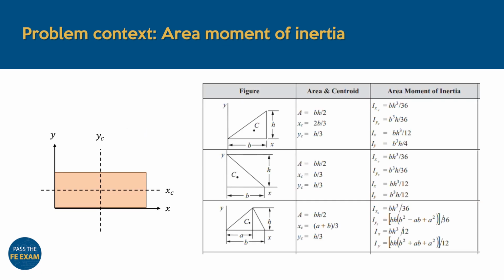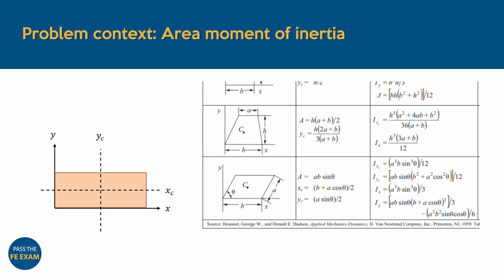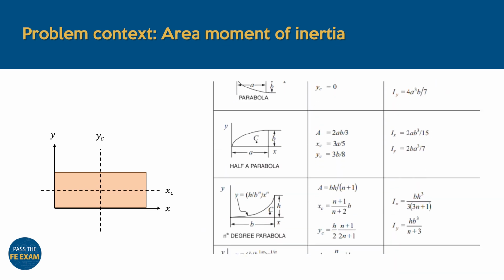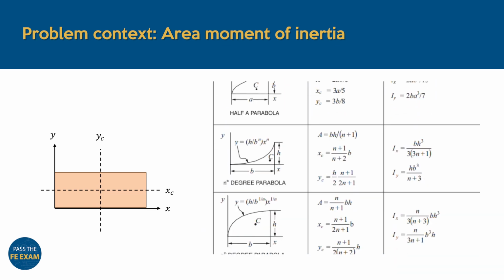If you're working with a basic shape, like the rectangle we have here, the FE handbook conveniently defines all the equations we need to calculate the shape's inertia about the X and Y coordinate axes, as well as about its own centroidal X and Y axes. They list these formulas for a range of simpler shapes like circles and triangles, and even for some more complex shapes like parabolas.